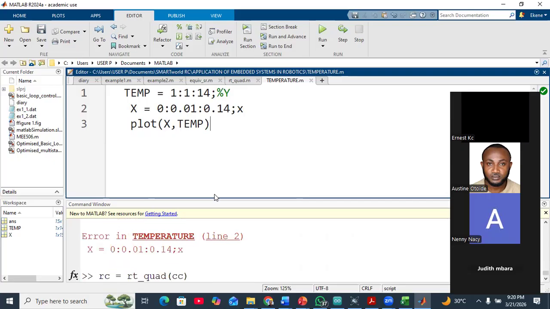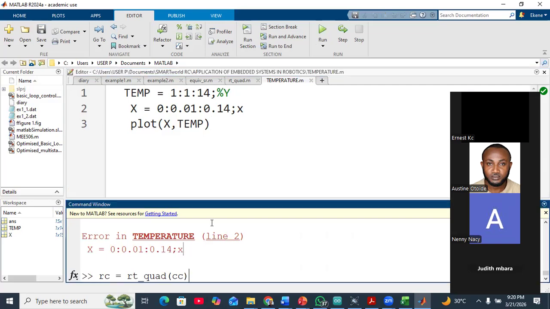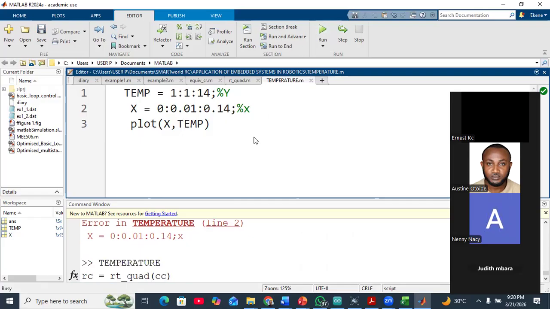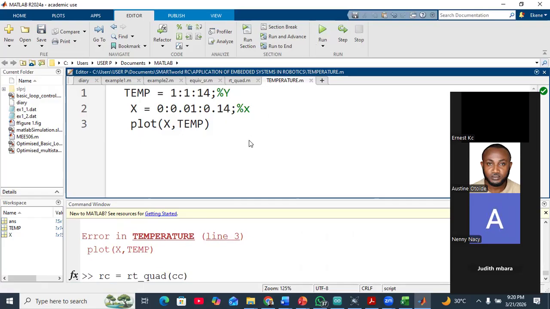What is it saying? It's saying that error in temperature, in line 2. Sorry, there's supposed to be a comment here. And this is showing error in line 3. Plot x against this.